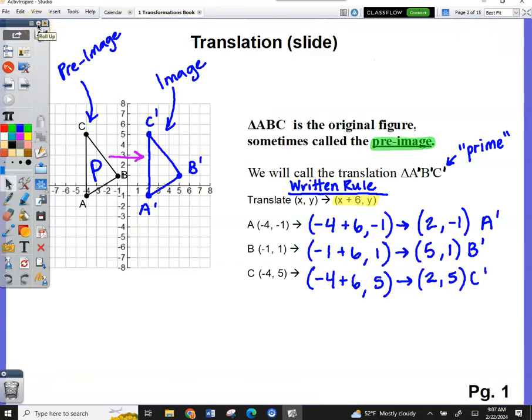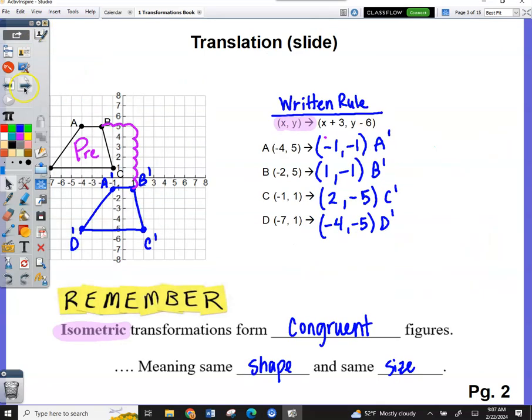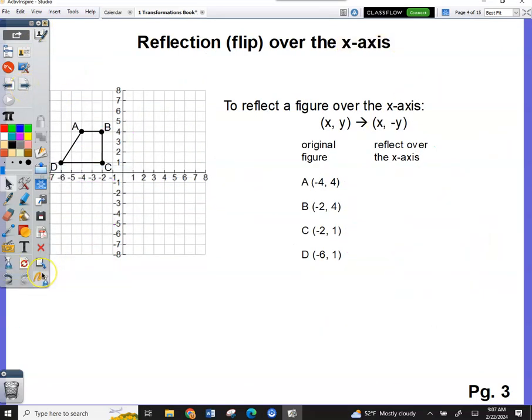you may need a highlighter here. We've covered translation here and here. Now we're going to cover reflection over the x-axis. This is a reflection over the x-axis. So that's one direction. Do y'all need highlighters? Anybody?